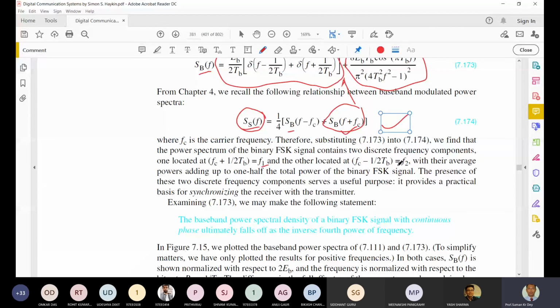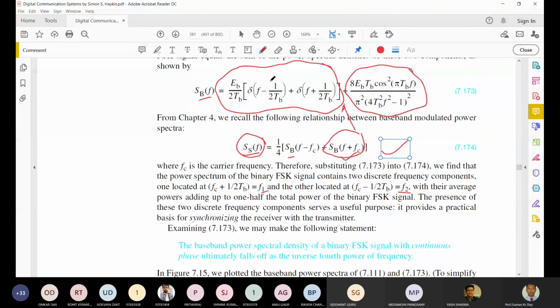So if we place fc over there, we need to find out the two frequency components for the binary FSK and where they will be located. The discrete frequency components f1 and f2 we need to calculate from there, and f1 will be this and f2 will be this.